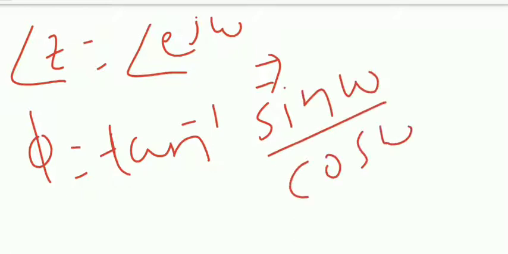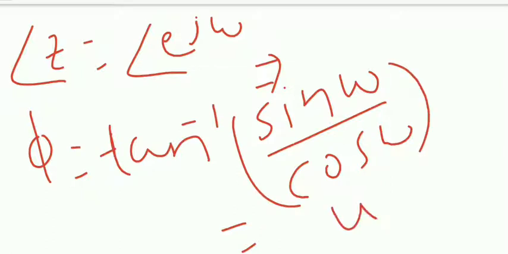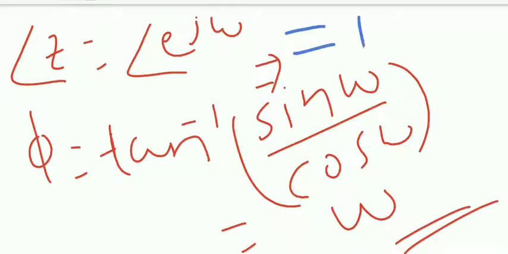So the phase is tan inverse of sin omega by cos omega, which is tan inverse of tan omega, which is equal to omega. So what is the phase of z? It is always omega.